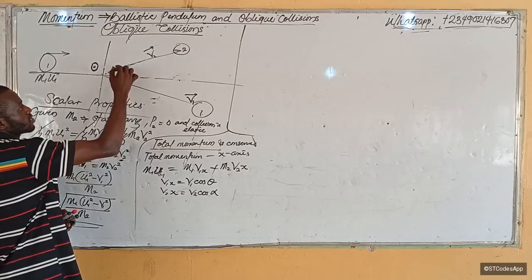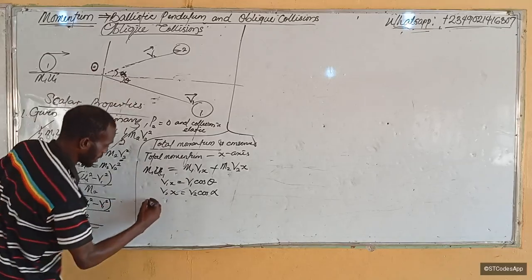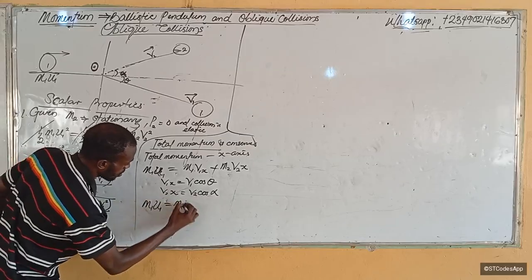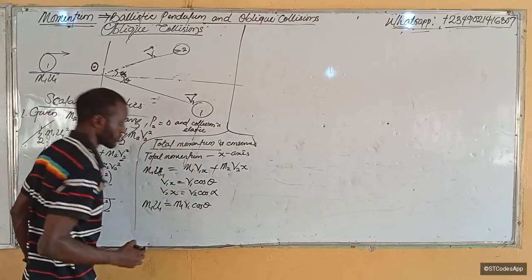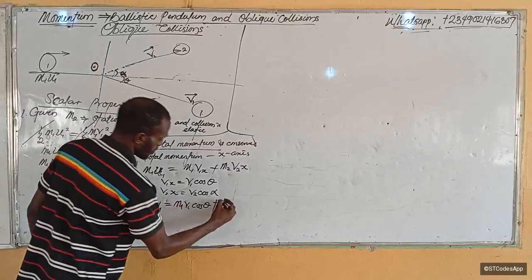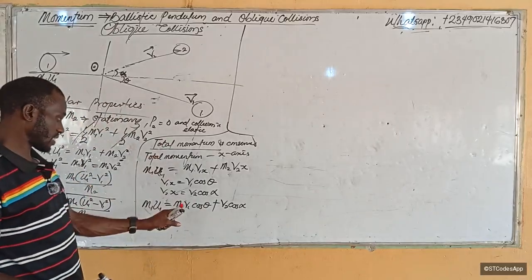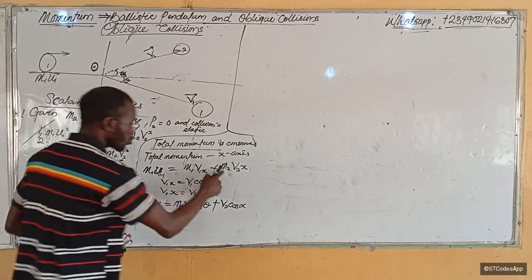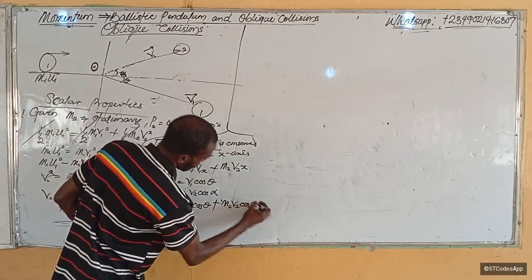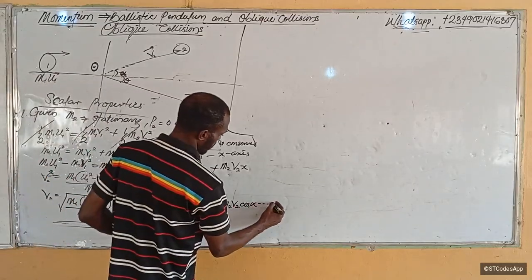Now, if that's the case, then we can import that into the equation, and this becomes m1u1 equal to m1 v1 cos theta plus m2 v2 cos alpha. Let's call this equation 1 for the x-axis.